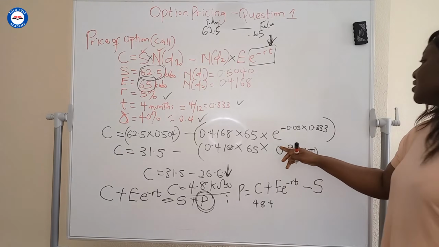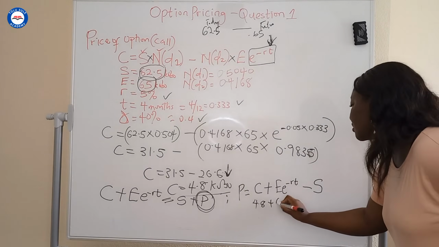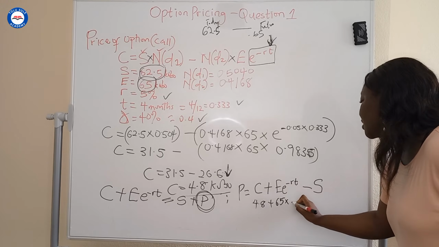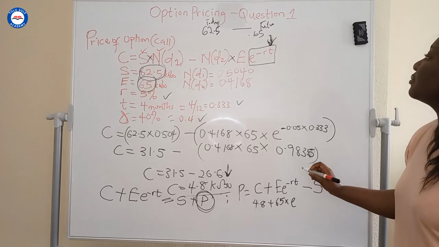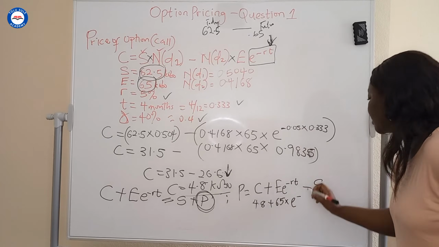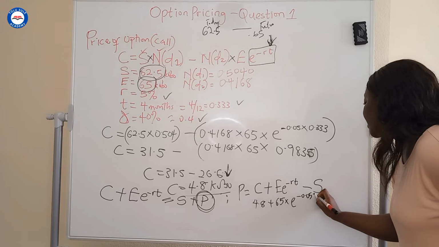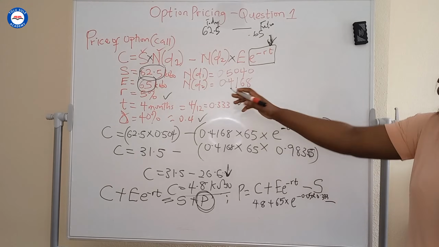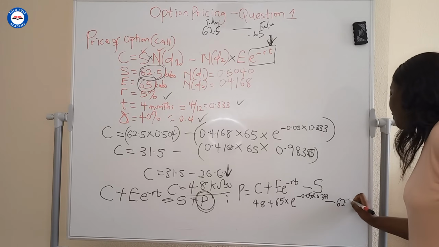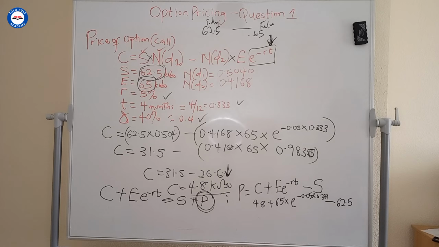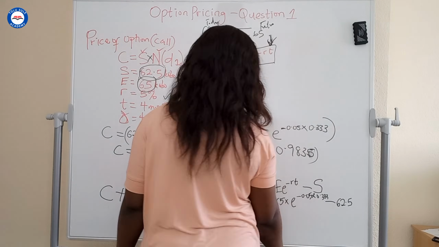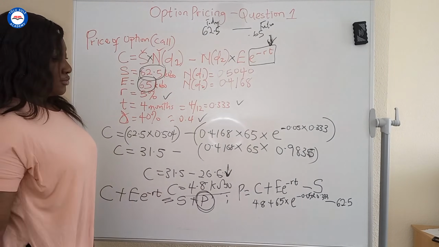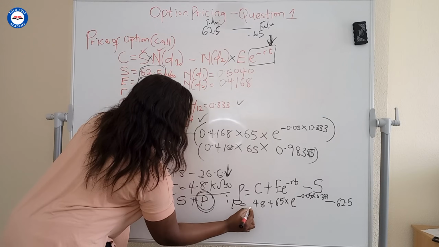Plus what is E? 65 kobo, times e raised to power minus RT, minus 0.05 times T, 0.333, minus S. What is S? 62.5 kobo. That's our put call parity.